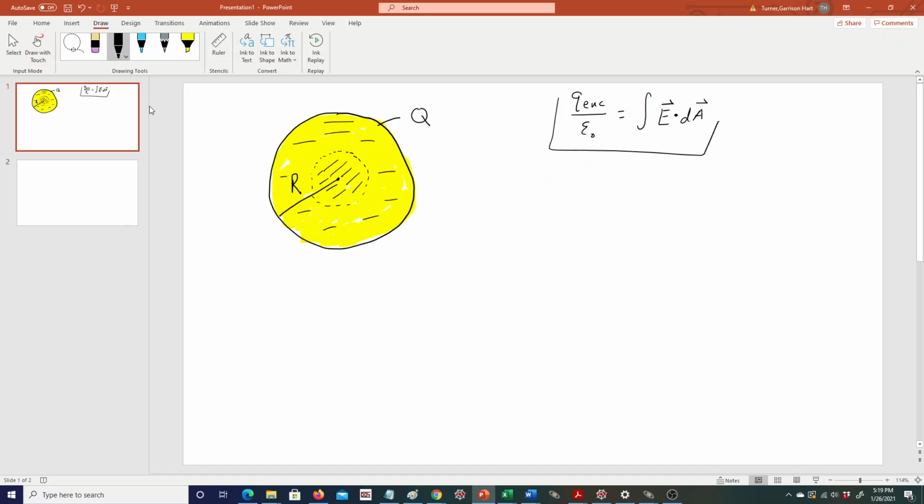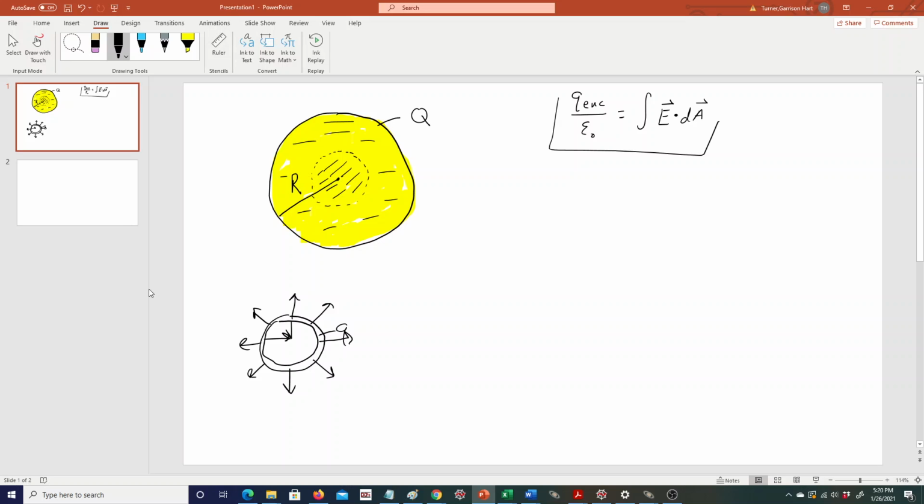Okay, so let's just imagine I had a spherical shell here, and this spherical shell had some charge on its surface, some charge Q. If the shell were charged, then I would have electric field lines outside pointing outward, and inside I would have electric field lines pointing inward.